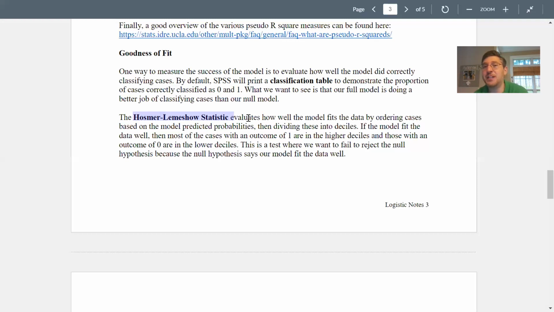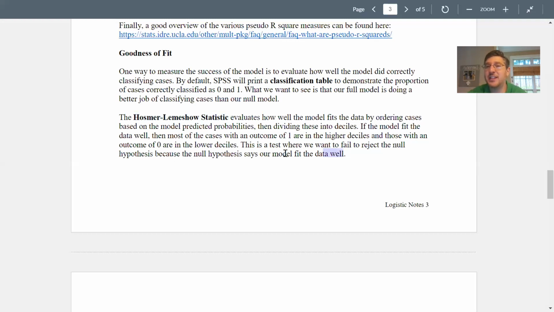Most cases who are not in honors comp should be in the lower deciles, and those who are in honors comp should be in the higher deciles. So it's basically saying how well our model is predicting actual group membership.